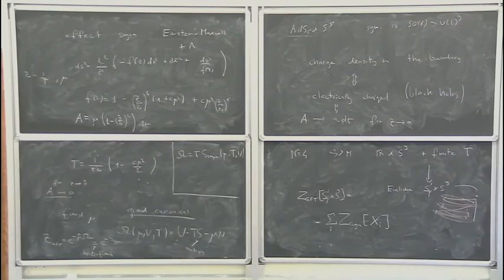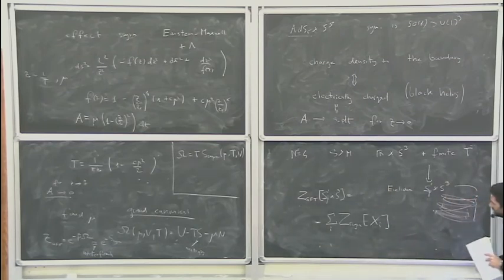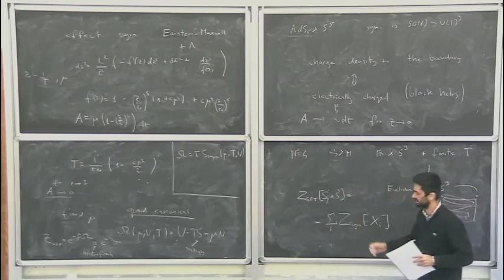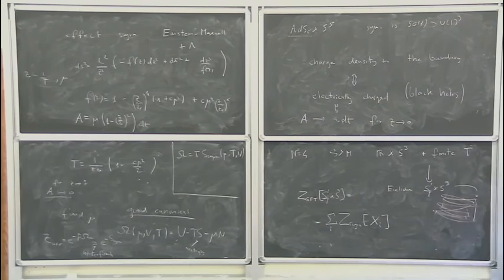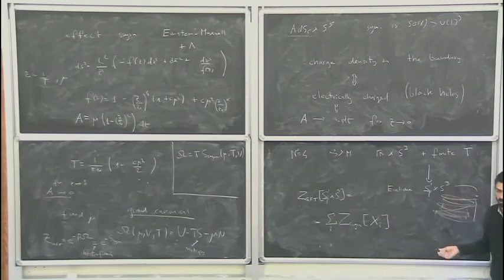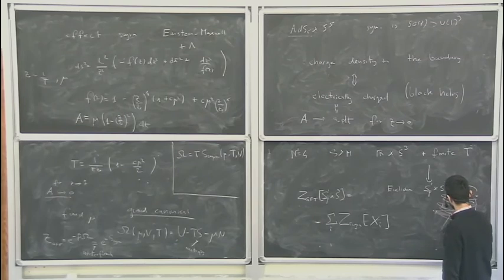Why did I not worry so far? Well, I should have always worried. The correct statement, which Witten again pointed out, is that if you apply this correspondence and you're thinking of the right-hand side as a saddle point evaluation, then you have to sum over all the possibilities. And there could be many. There could be 1, 2, 3, maybe even more, right? So x_i here are possibilities for these manifolds.